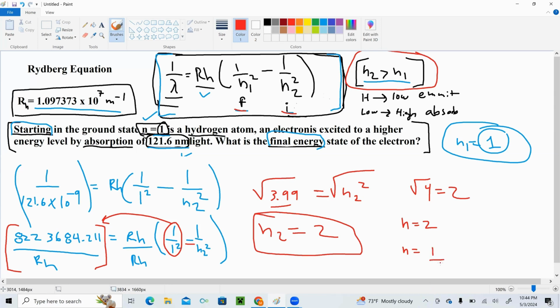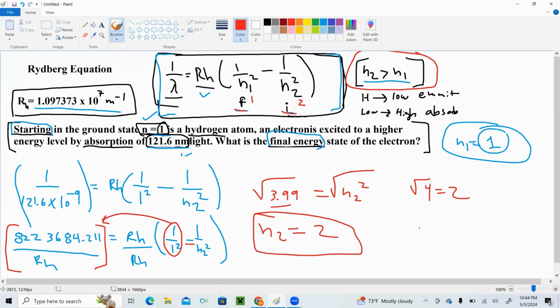So 1 is less than 2, so this goes here, and that goes there. Or vice versa. If it says this is initial and this is final, just take a look at the example I gave in the beginning of the video, and these problems should be easier for you.